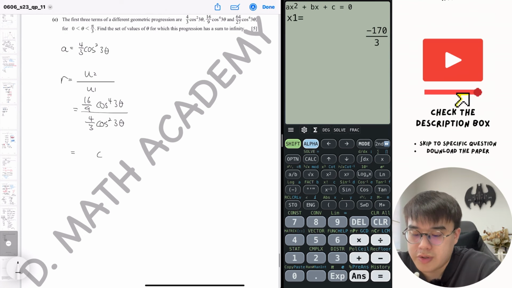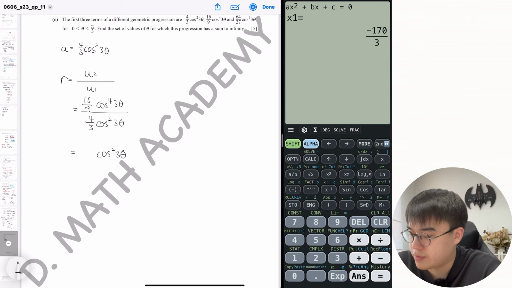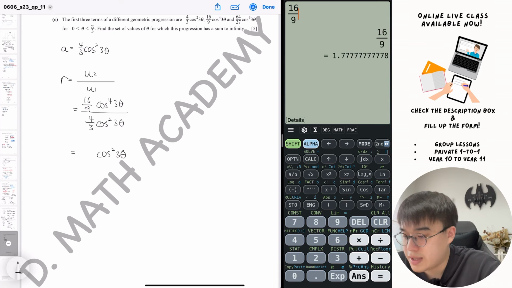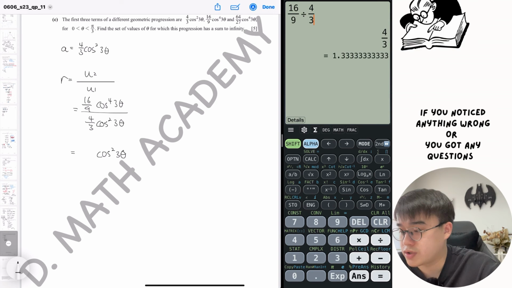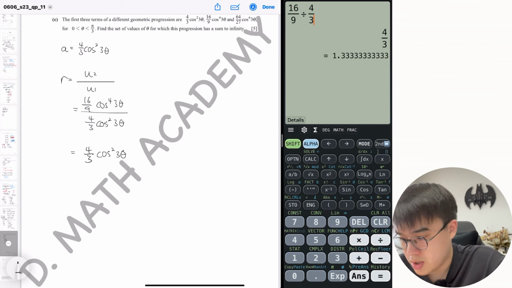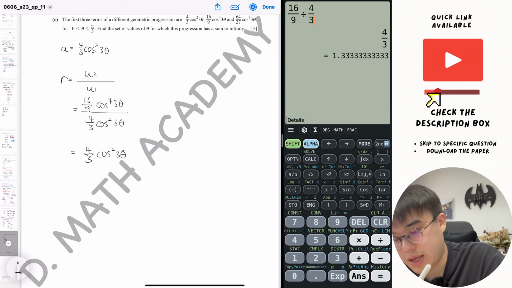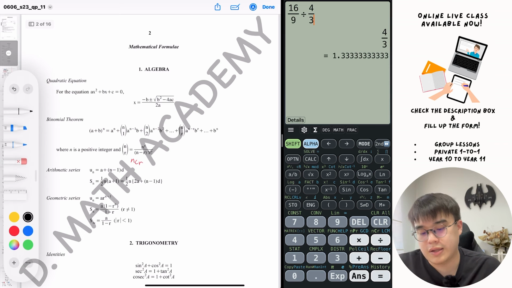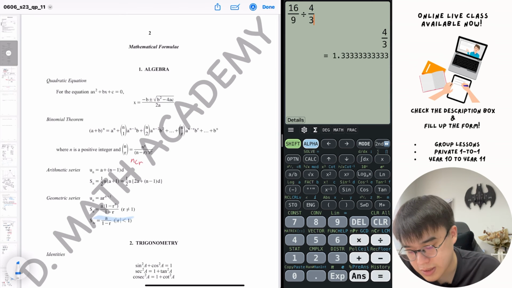Okay, so I know there will be a cosine squared 3 theta for sure. And for the rest of the calculation, you just have to key in 16 over 9 and divide it with 4 over 3. So you get 4 over 3 as well. Okay, so a and r is done. Sum to infinity, there's one thing that they like to test. Okay, and they always test you on this.